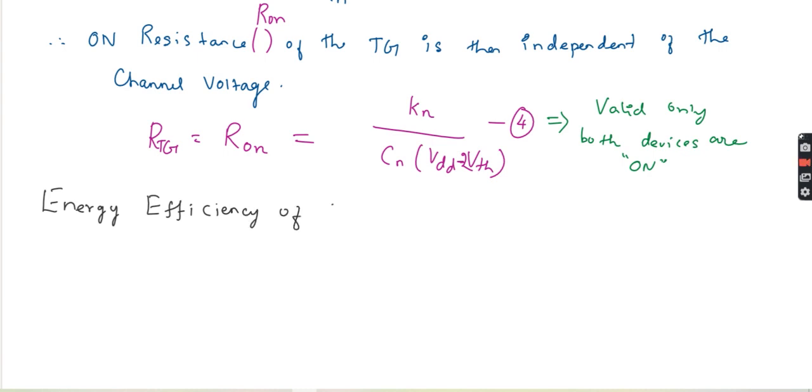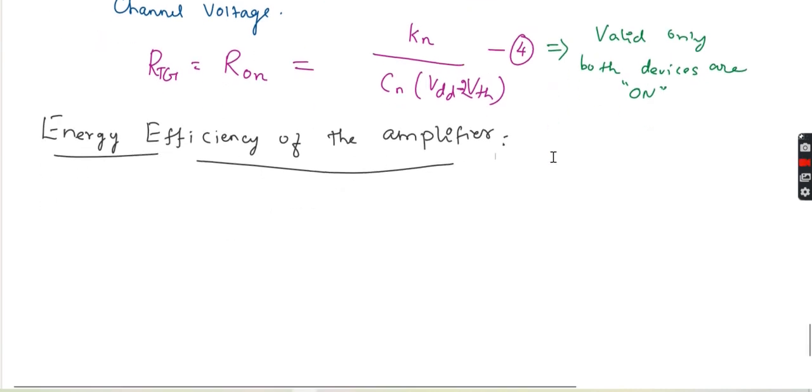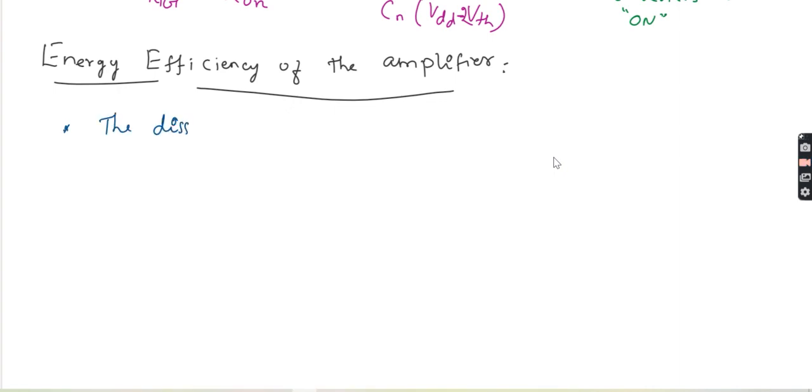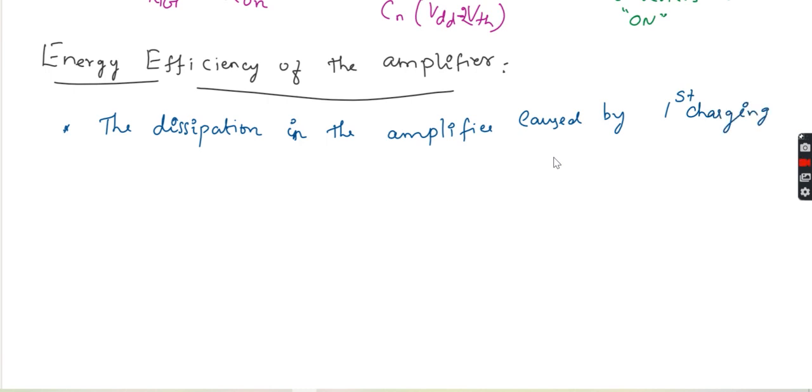To calculate the energy efficiency of this adiabatic amplifier, first the dissipation in the amplifier is caused by first charging and then discharging one load capacitance CL.